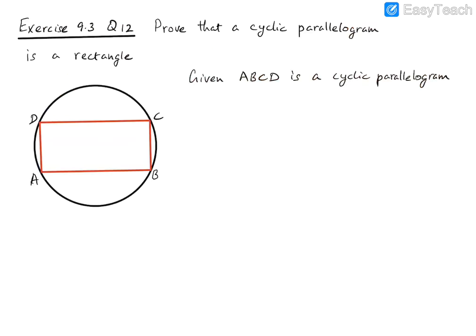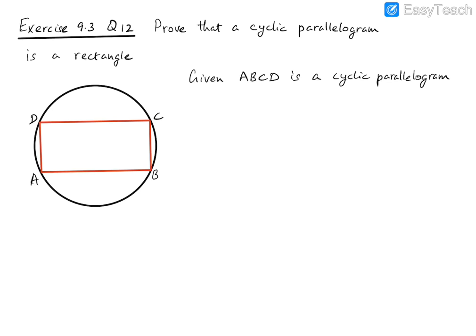And what we are asked to prove is that if we have some cyclic parallelogram, we have to show that it is a rectangle. So we are given a parallelogram ABCD, and we are given that this parallelogram is a cyclic parallelogram, and we have to show that this is a rectangle.